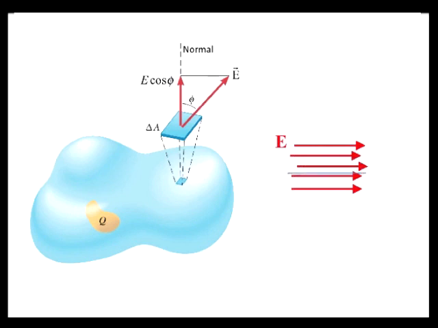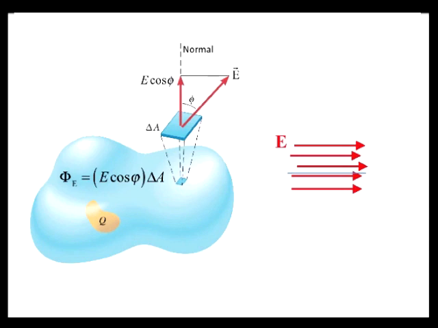It is maximum when phi equals 0 degrees, or when the screen is perpendicular to the wind. The same goes for the electric flux, and the equation for the flux through one area element is phi E equals E cosine phi times delta A. In other words, we use only the component of E that is perpendicular to the surface element, that is, the component of the electric field that passes through the surface.